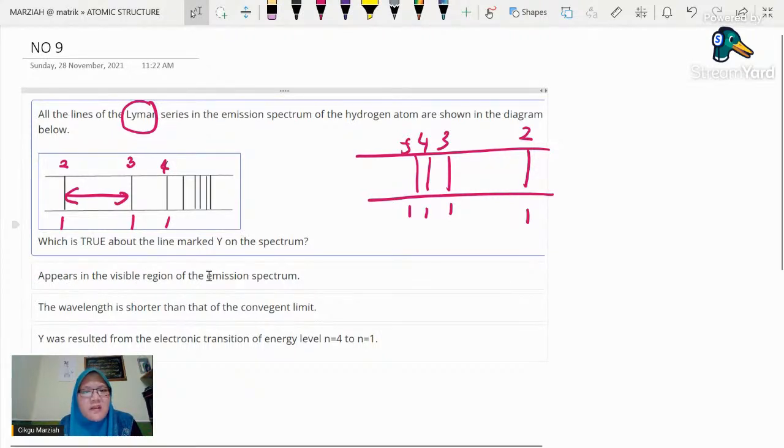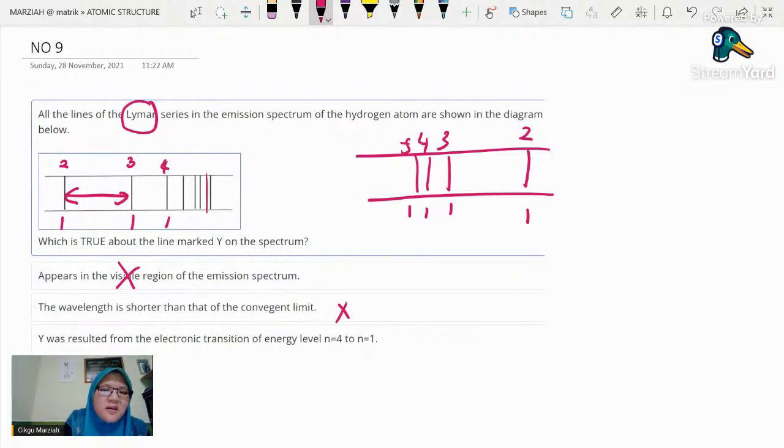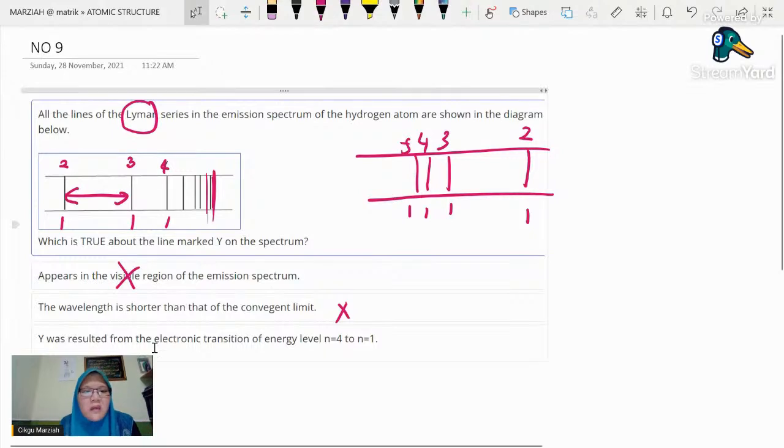Appear in the visible region of the emission spectrum. Okay, Lyman bukan visible ya. Visible tu adalah Balmer. The wavelength is shorter than that of the convergent limit. Okay, so salah lah, this is the convergent limit kan.